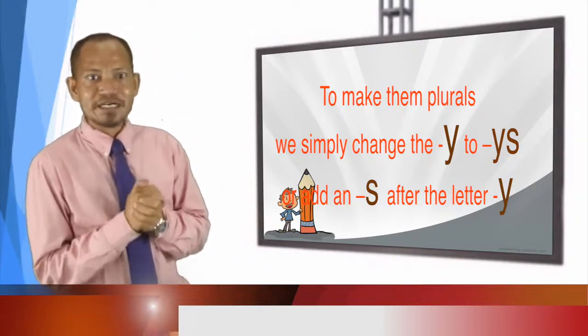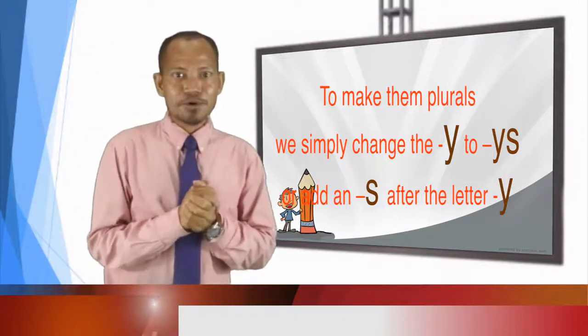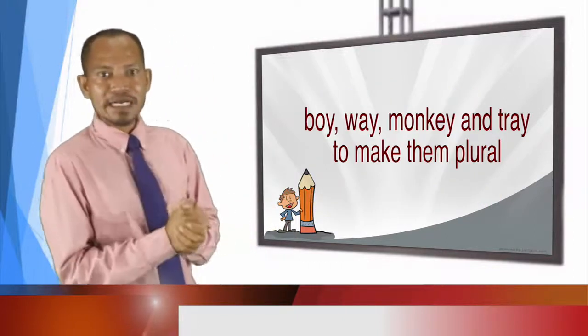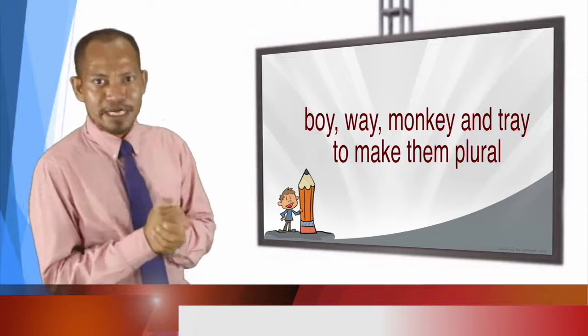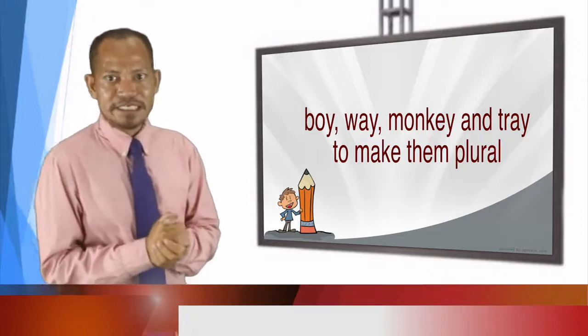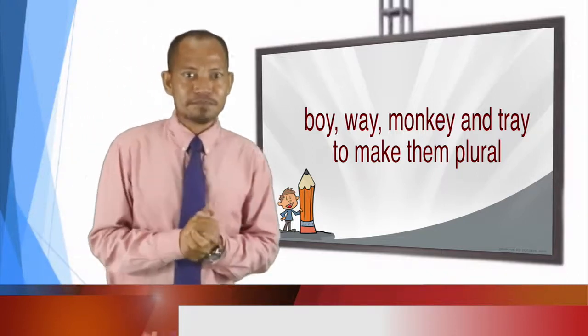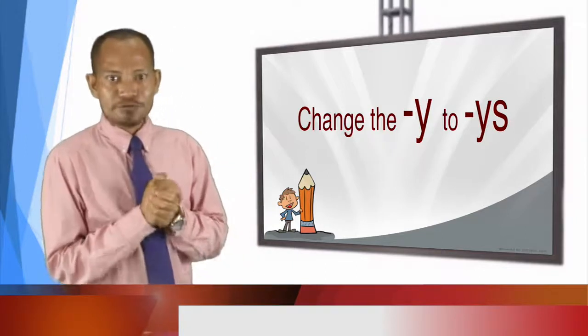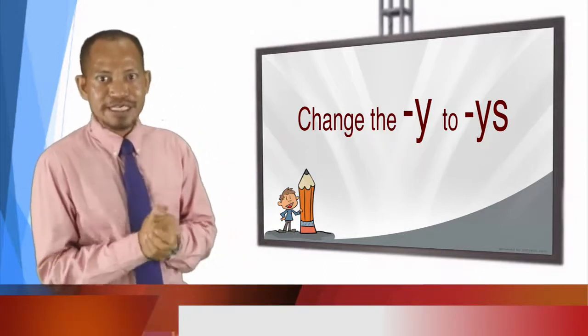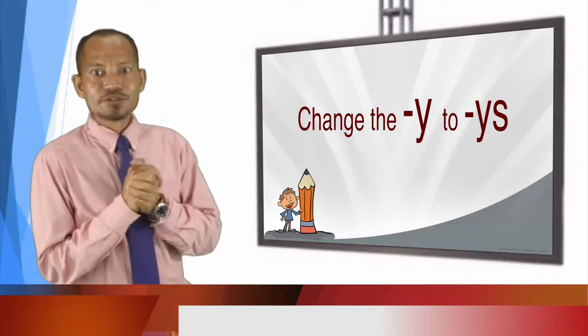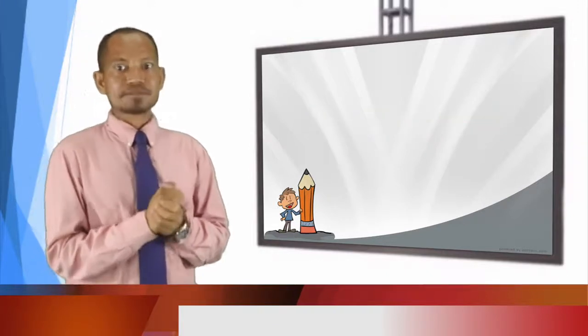We add an S at the end of the singular nouns boy, way, monkey, and tray to make them plurals, as you can see in the second column. Or another way of doing it is to change the y to ys to make them plural.